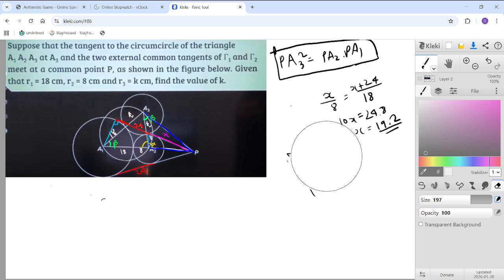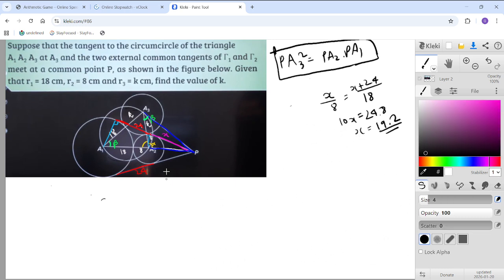So I think I should write it down only, it will be better. This whole is 20.8 x square plus 8 square. Alright, this is 20.8, this we know. This is PA3, which is PA1 times PA2.